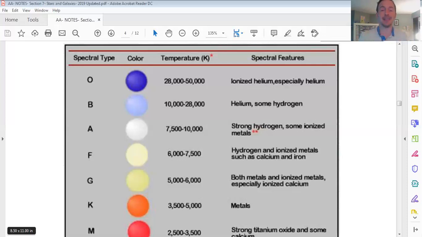Question number 8. Question 9. Compare the HR diagram to spectral classes on the following page. This was the last page we looked at together. What spectral class would red supergiants be considered? Question 9. And finally, question 10. What spectral class is our own yellow sun? Question number 10.